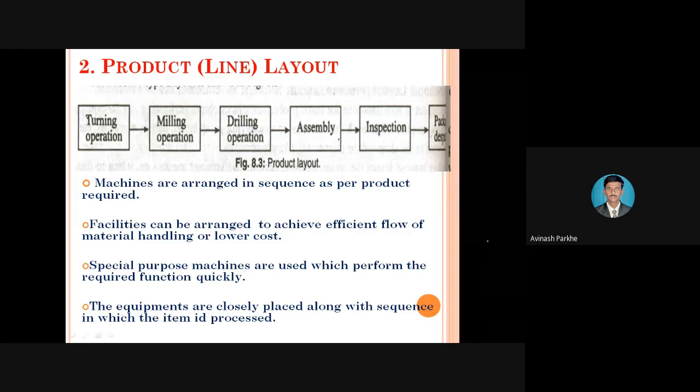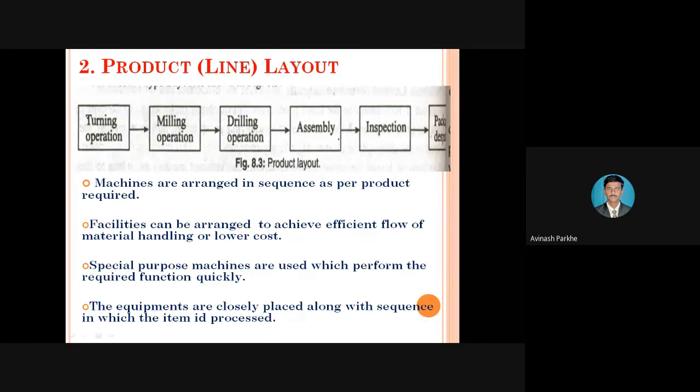Such special purpose machines are also provided in this product layout, because some operations or tasks cannot be performed using regular machines. For that purpose, some high finishing machines and special purpose machines are required. Such special purpose machines are also provided in this product type of layout.